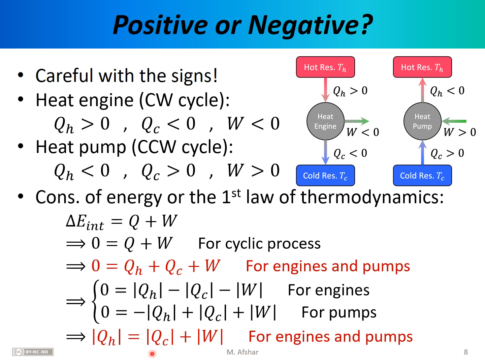Some people prefer to talk about only absolute values, in which case you should write the equation as shown here at the bottom. Some people are comfortable talking about positive or negative work, in which case you can write the equation as shown here. Both of these equations apply to engines and pumps.